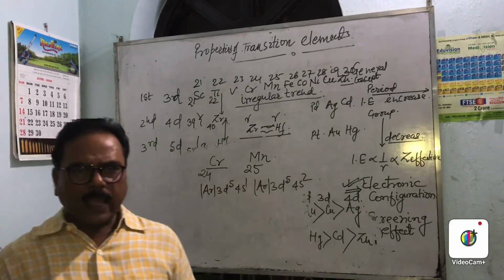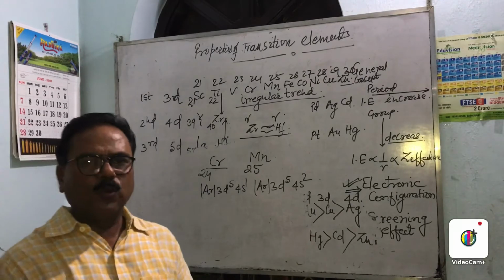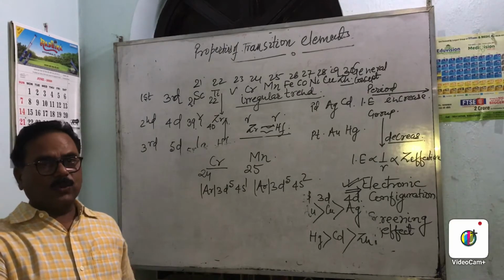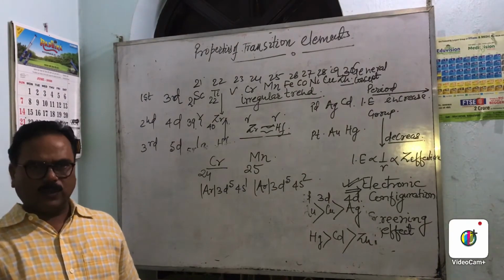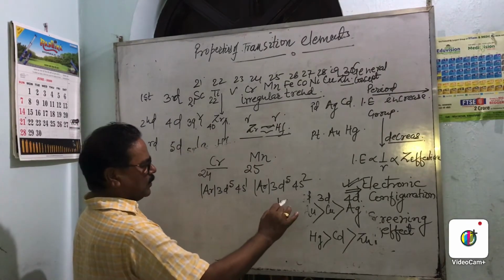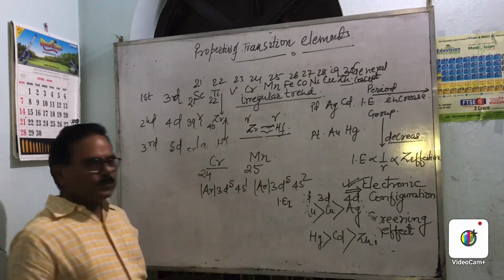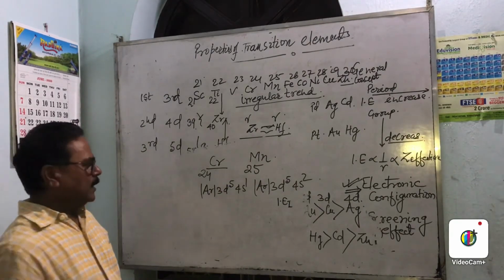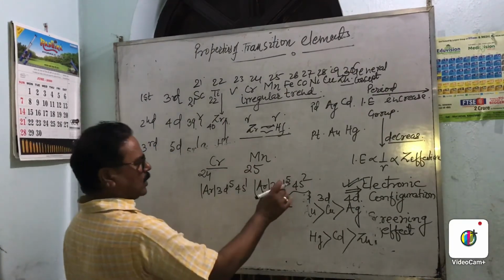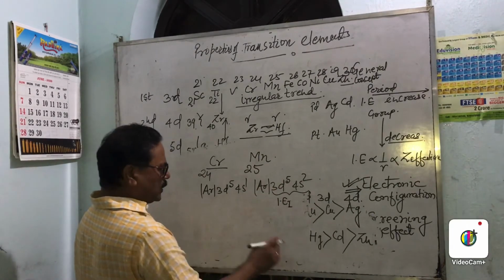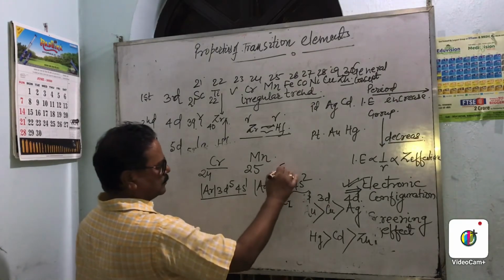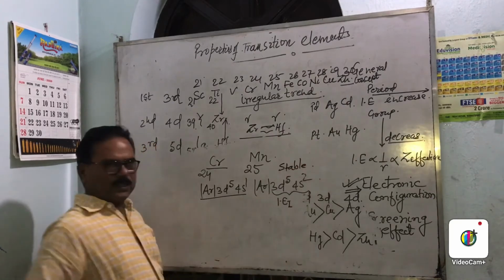Which will have the higher first ionization energy? As per our general concept, as we move from left to right, radius decreases slowly and ionization energy increases slowly. So if we talk about the first ionization energy, whose first ionization energy will be more, and why? Now this is 3d5, half filled. And this is half filled and this is also half filled, so this is a more stable configuration. Again, electronic configuration plays a vital role.